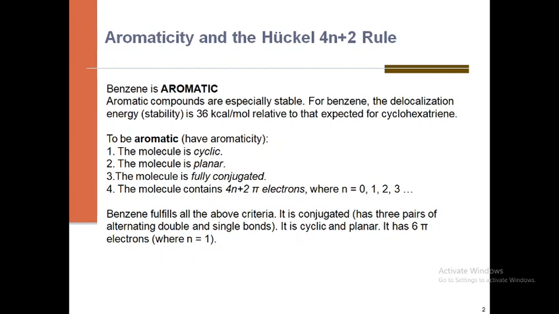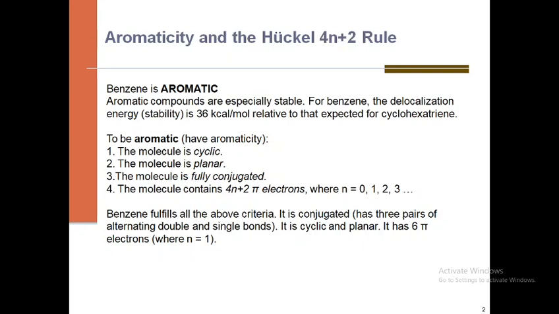Before starting, we'll discuss aromaticity and the Huckel rule for benzene. We know that to check the aromaticity of any compound, we commonly use Huckel's rule. But to differentiate aromatic, non-aromatic and anti-aromatic compounds, you should keep in mind various other rules.